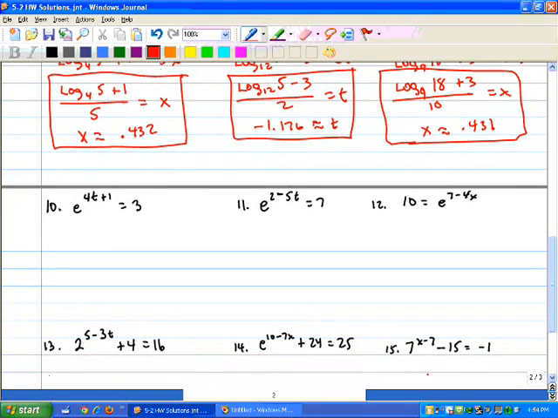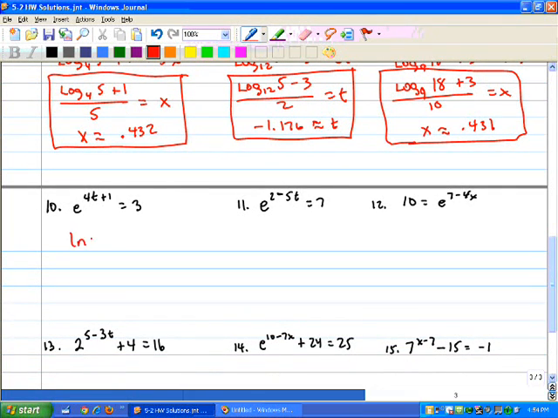Number 10, we convert to logarithmic form. Remember, log base e is ln, so we have ln 3 equals 4t plus 1. Now we subtract 1 from both sides. Divide by 4. And our exact answer is ln 3 minus 1 divided by 4.